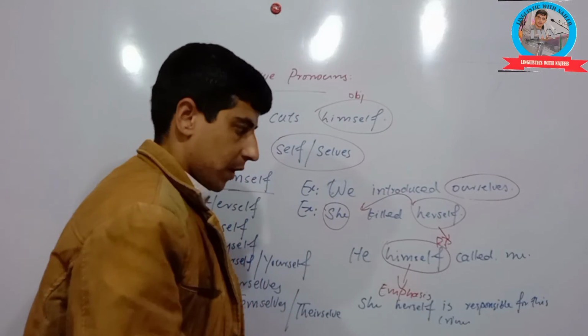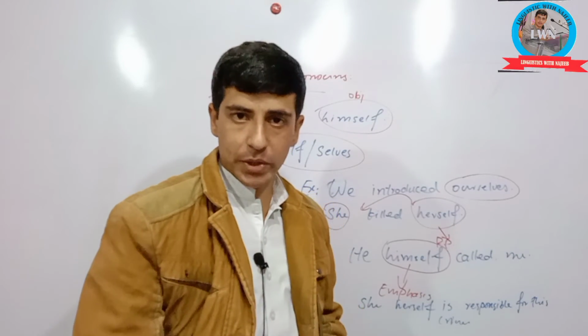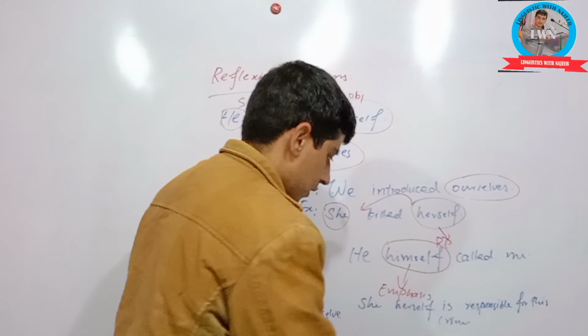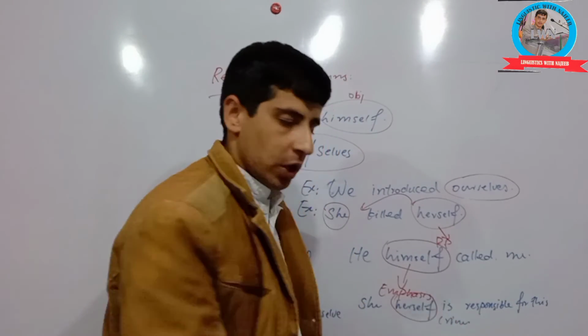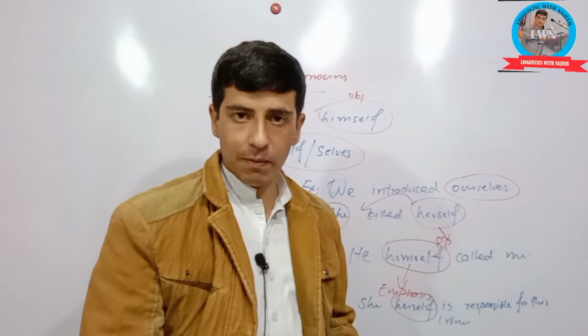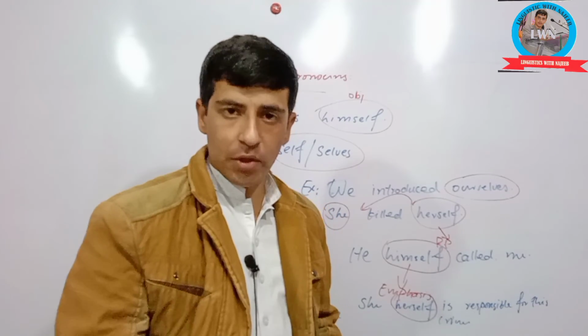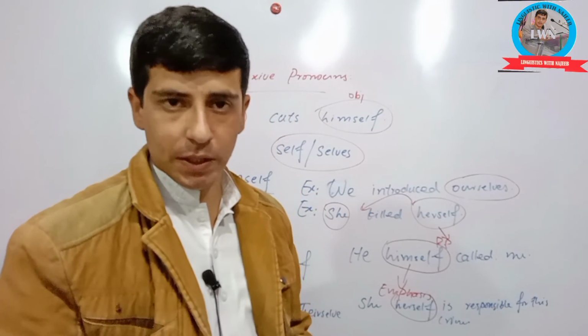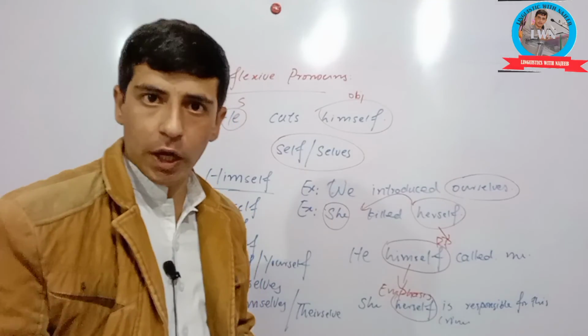She herself is responsible for this crime. In this sentence, this herself is used just for the sake of the emphasis. And the next point that I'm gonna tell you, that's about the by.